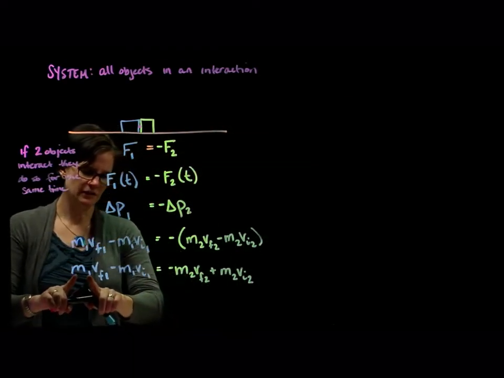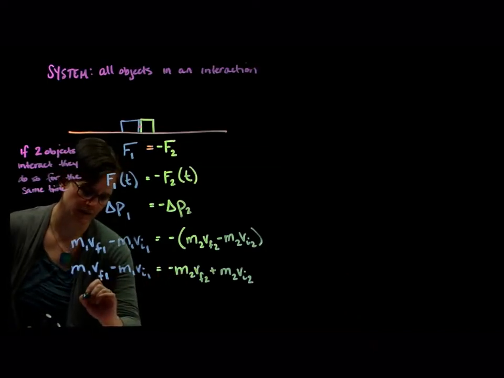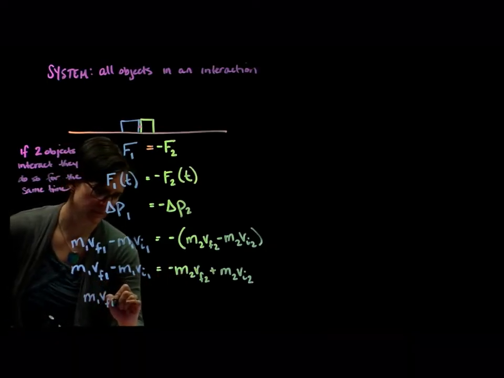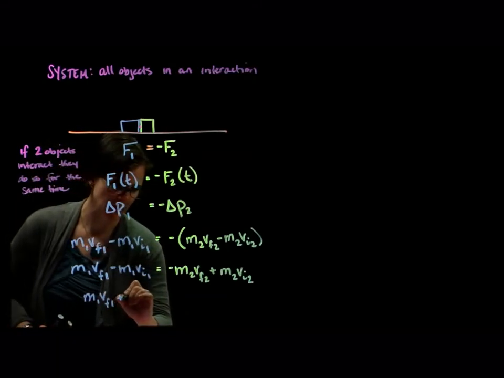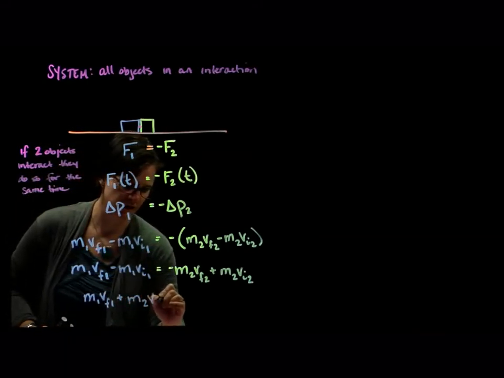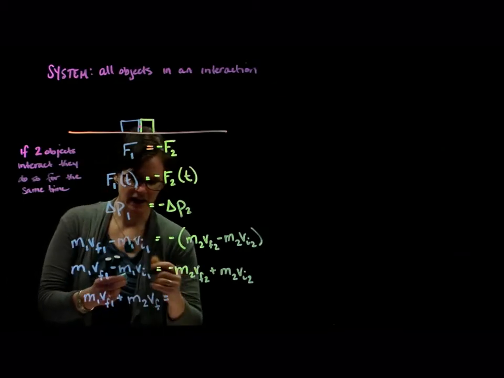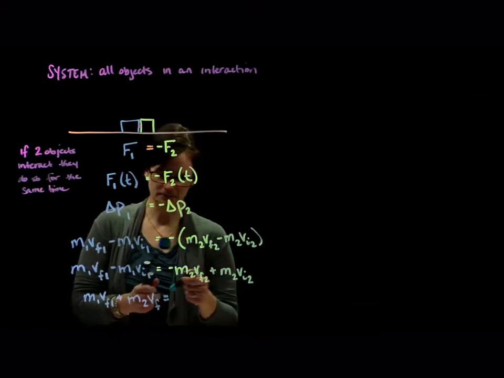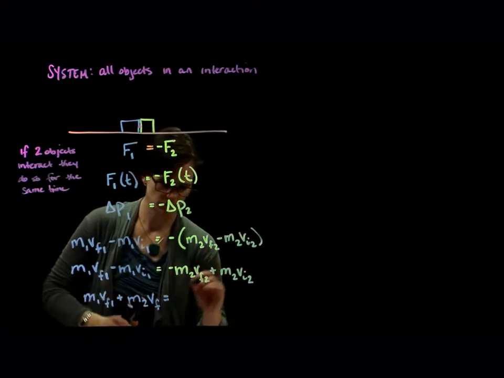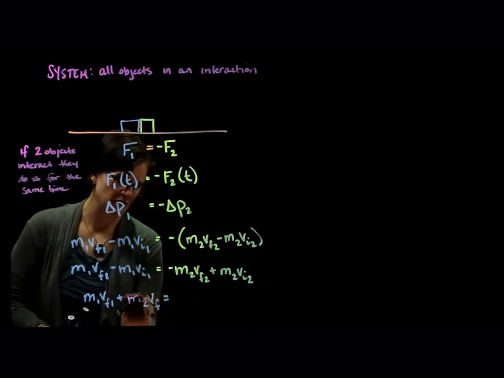So I have M1 V final 1. M2 V final 2 is subtracted, so I'm going to bring it over, and that's plus M2 V final 2. That is going to equal, well, bring M1 over to this side. I should have done this in green just to be consistent.